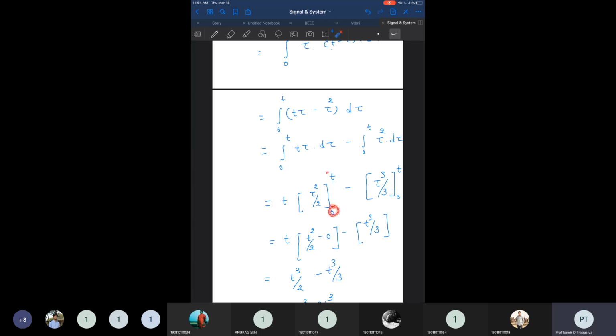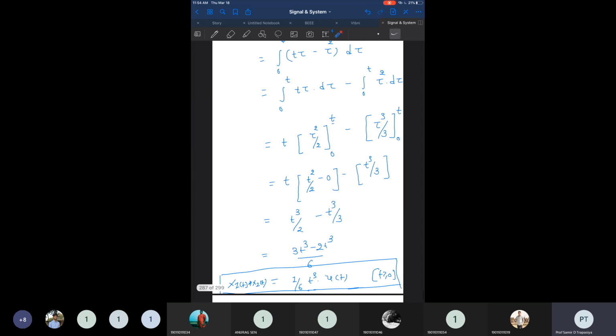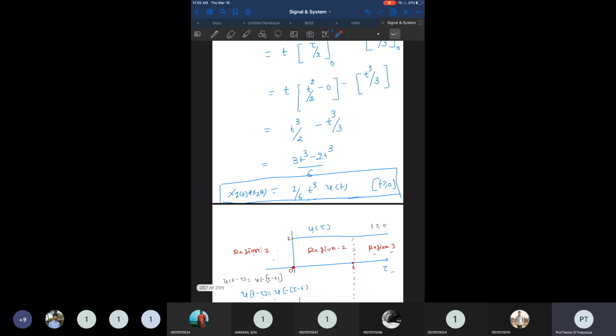Applying the limit 0 to t, it is t square by 2 here, and t cube by 3. If we multiply this by t, it is t cube by 2 minus t cube by 3. If you solve this, we are left with 3t cube minus 2t cube divided by 6. So it is t cube by 6, or 1 by 6 t cube, right?